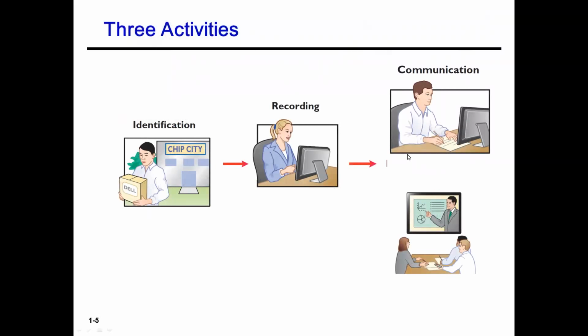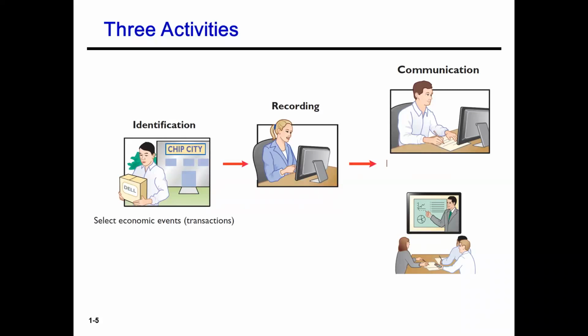So when you look at this slide, we have 3 phases of what the accountant actually does. First step the accountant has to be trained to do is determine or identify transactions in the business that have an economic impact.